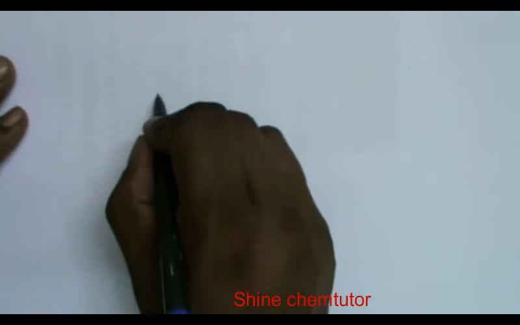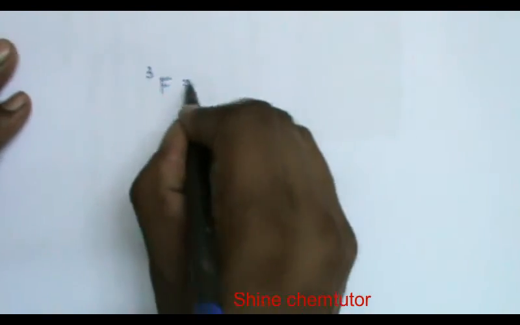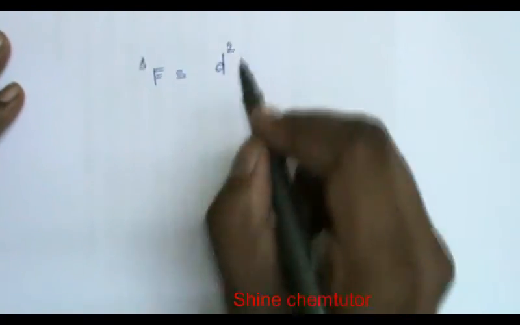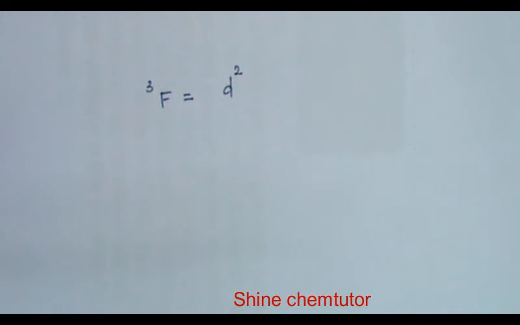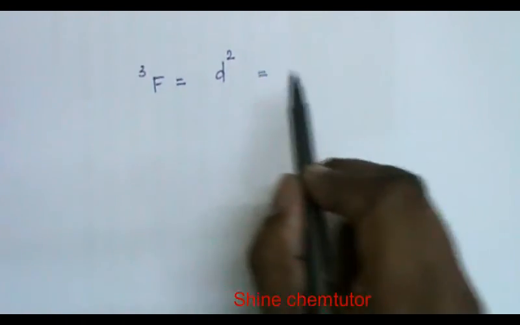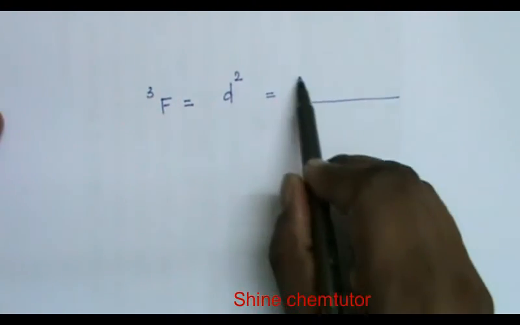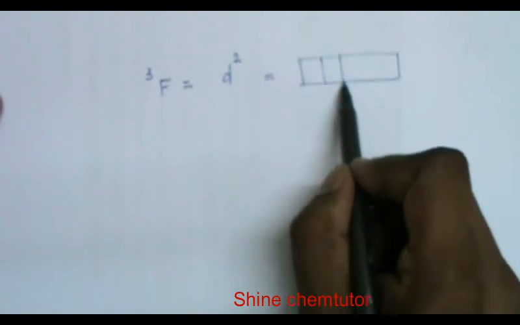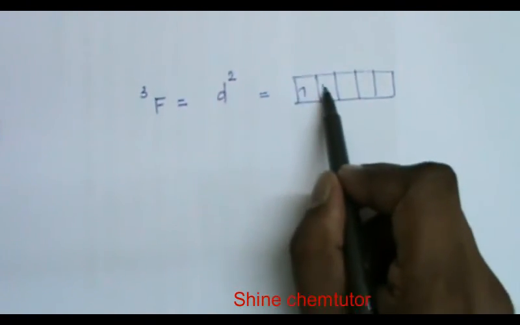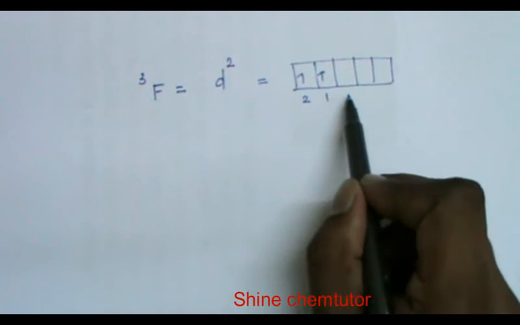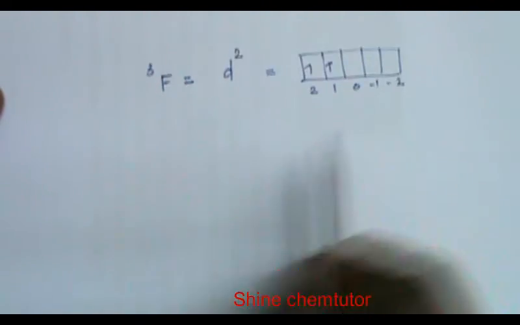The term F3 can be obtained when the system is D2. When the system is D2, I can arrange the 2 electrons like this: 2, 1, 0, minus 1, minus 2.